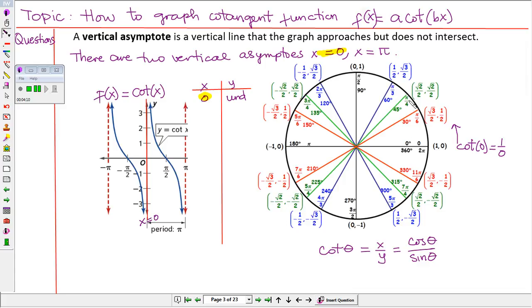Next, we are going to look at the other angles. You're welcome to try each one, but I'm going to go fast. The next one I'm looking at is pi over 2.